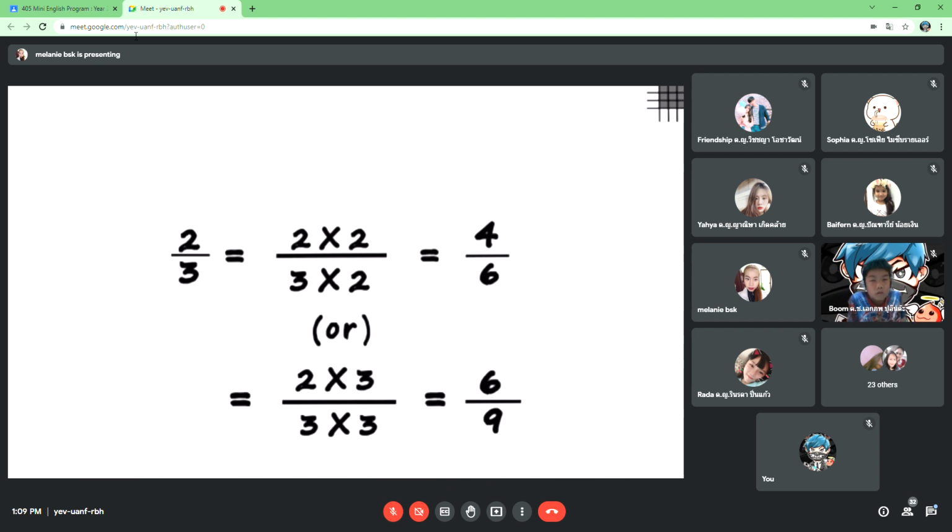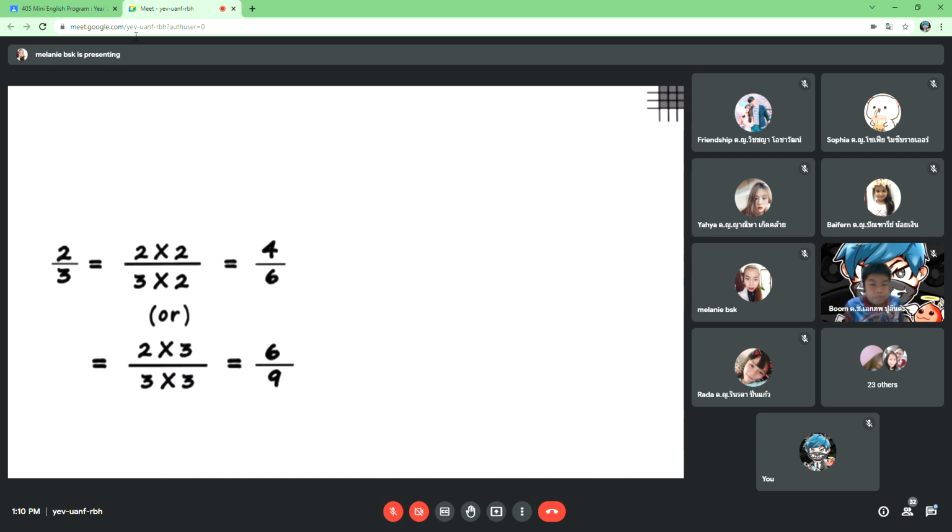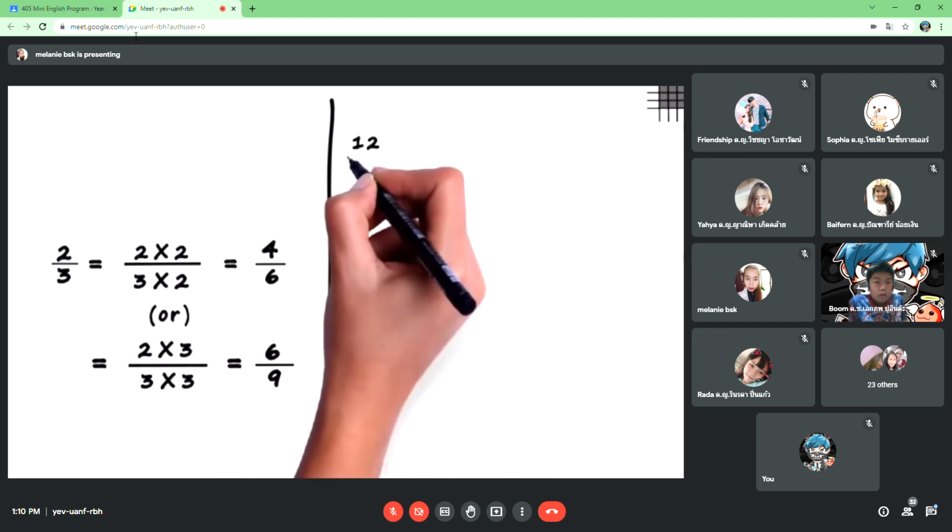Now by intuition, we should also derive another special property of fractions. What do we get if we divide 6 and 9 by 3? Yes, 2 by 3. It tells us that even if we divide the numerator and the denominator by the same value, the fraction remains unchanged. Let's look at an example. Consider the fraction 12 by 18.